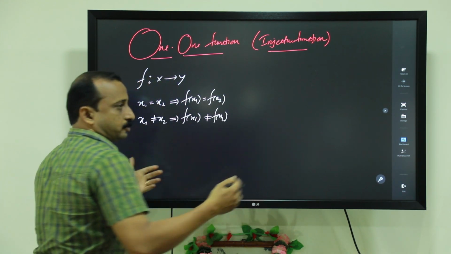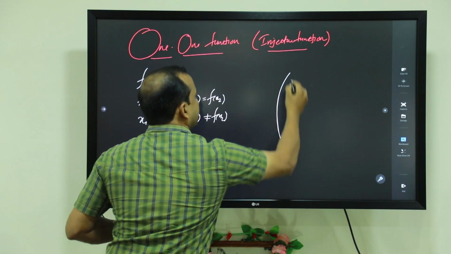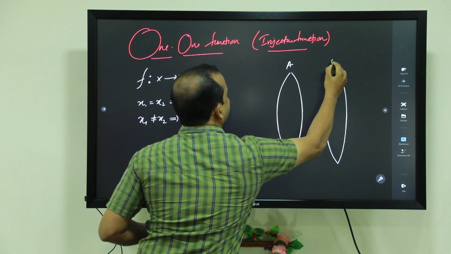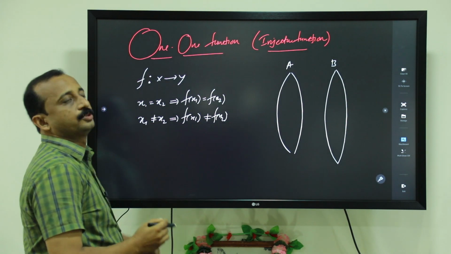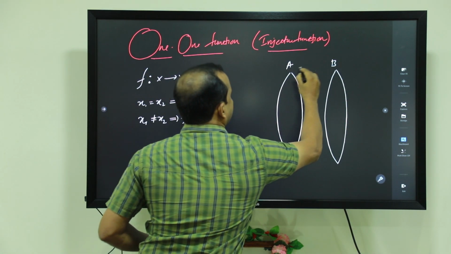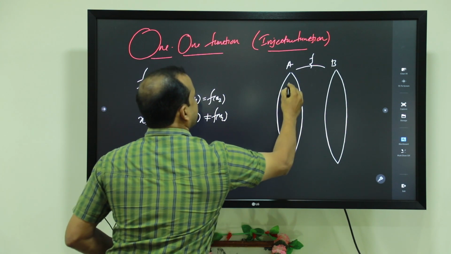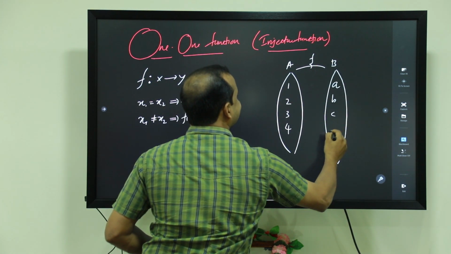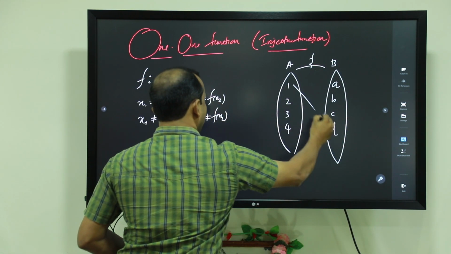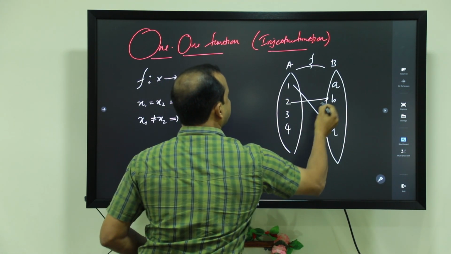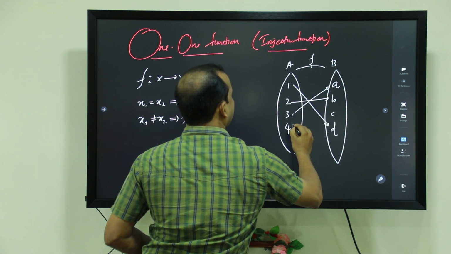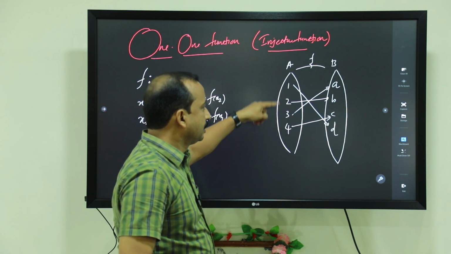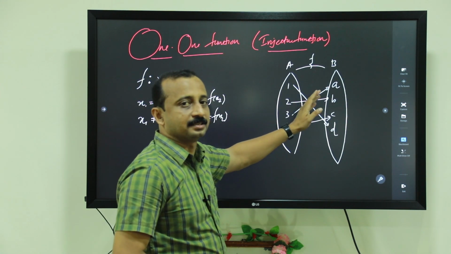Suppose I take an example. Here I take two sets A and B, and a function f from A to B. Here the elements are 1, 2, 3, 4 and A, B, C, D. The image of 1 is D, of 2 is B, of 3 is A and of 4 is C. Here each element is different and their images are also different.